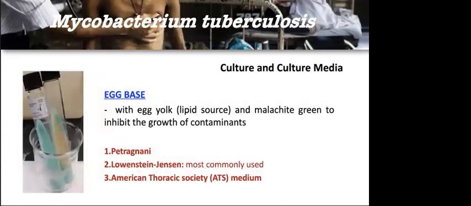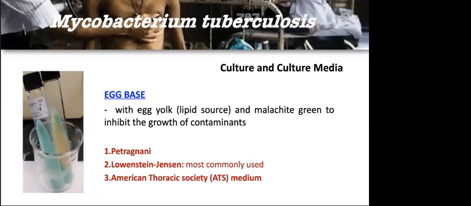The other group of Mycobacterium media are the egg-based media. This comes with egg yolk, which serves as a lipid source, and malachite green, which is the inhibitory agent. So we have Petragnani, Lowenstein-Jensen, which is the most commonly used, and then the ATS, or the American Thoracic Society.